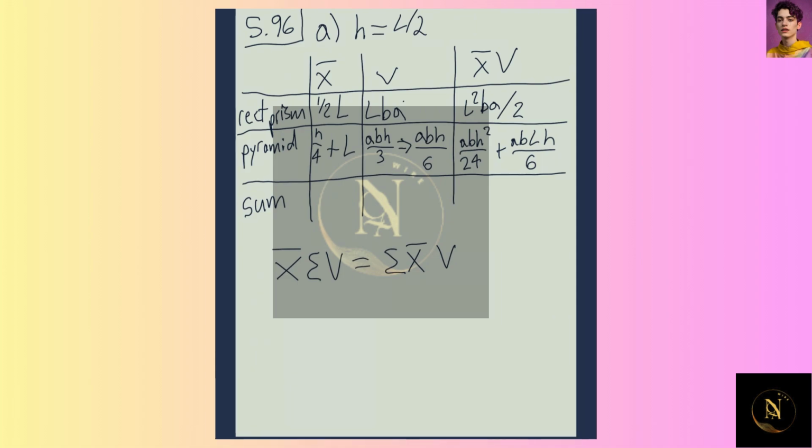And getting the sum of the volumes, which we'll need for this equation, we get that it's equal to LBA plus ABH over 6.